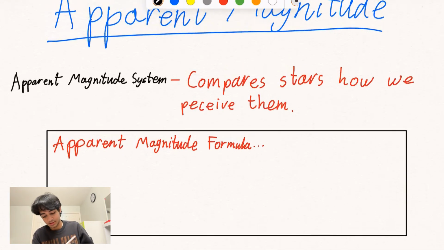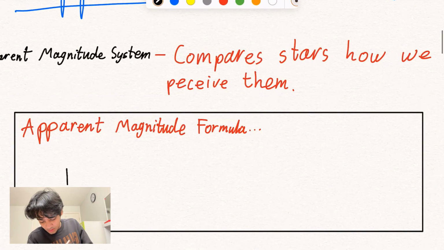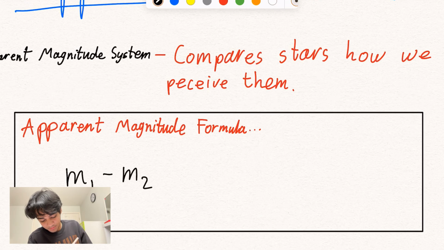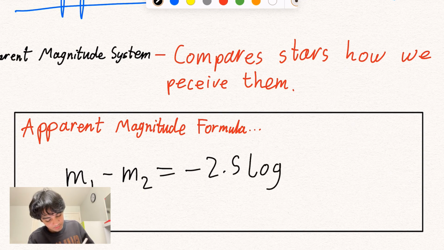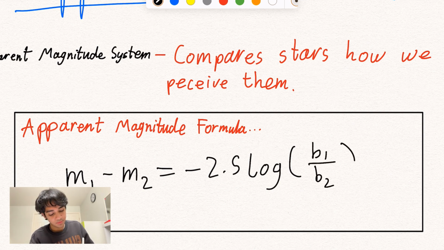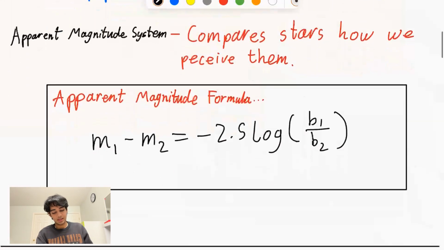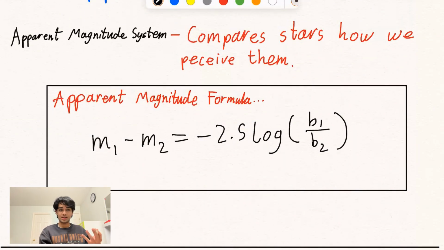The magnitude of the first star minus the magnitude of the second star equals negative 2.5 log base 10 of the brightness of the first star divided by the brightness of the second star, or the ratio of the two brightnesses. This can come in handy when we have to find the brightness of a star given the magnitude, or the magnitude of a star given the brightness.